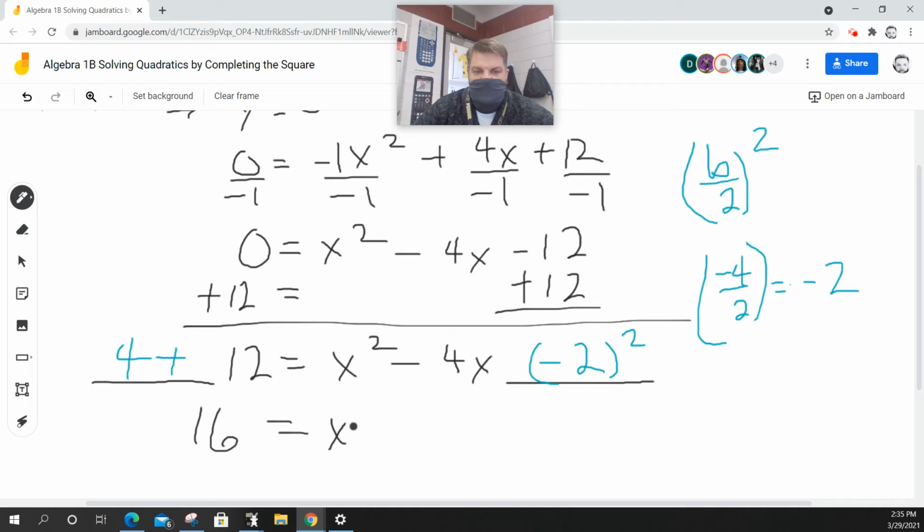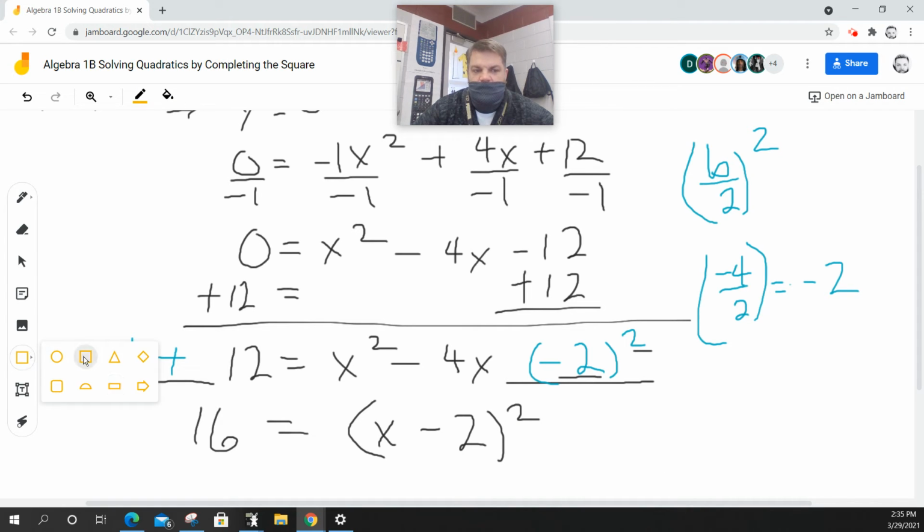Then I got x squared. Oh, wait. Here's the interesting thing. I wrote it this way on purpose because notice that this is negative 2 squared, and I have x squared here, so this would be x minus 2 squared. Now, if you don't believe me, we can multiply it out real quick.